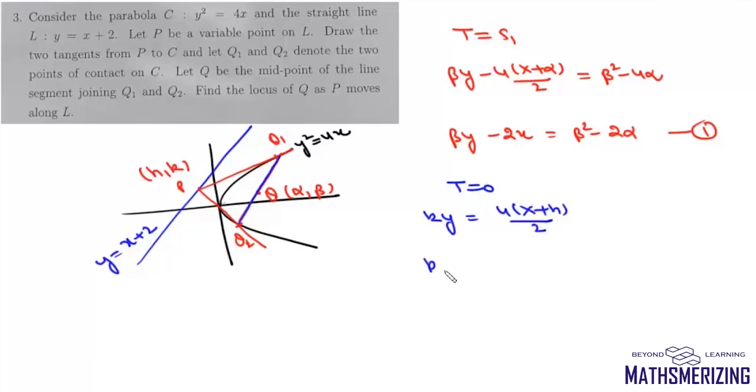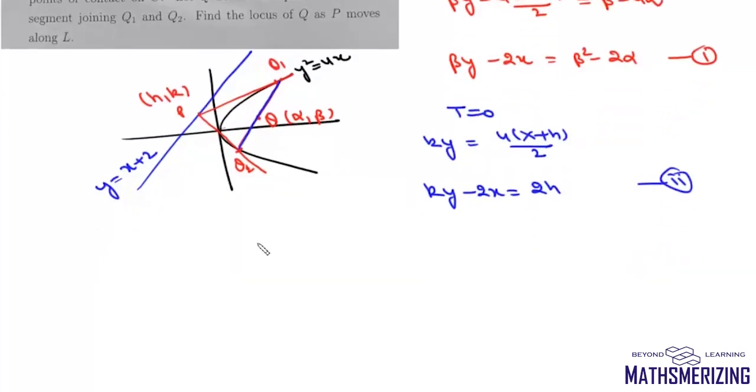So we can write this as ky minus 2x, and it will be equal to 2h, and that's our second equation. Now both these equations represent the same line, and if they represent the same line, then from here we can write beta upon k equals 1 equals (beta square minus 2 alpha) upon 2h.